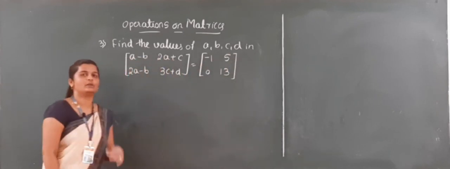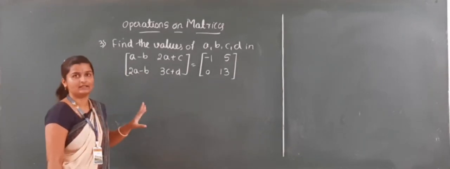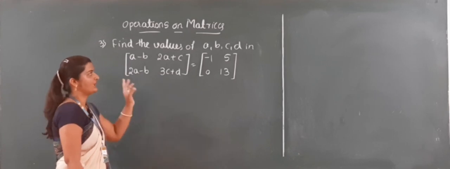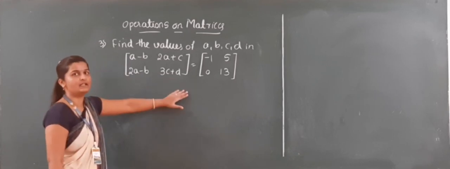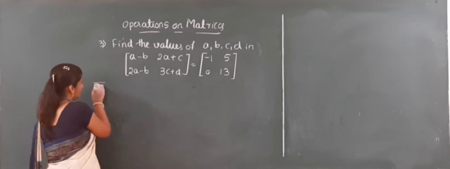So this is our question. That is, we have to find the values of A, B, C, D in these two matrices where they have given these two are equal. Okay, we will solve.